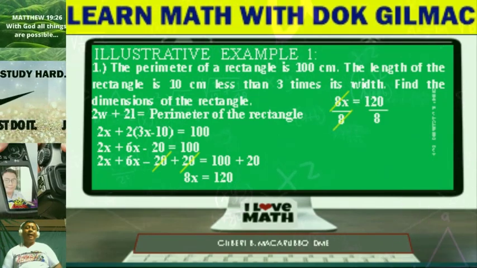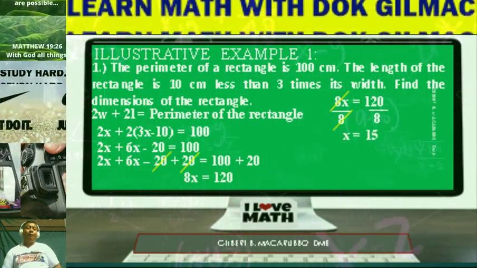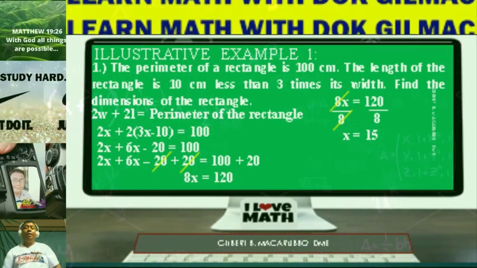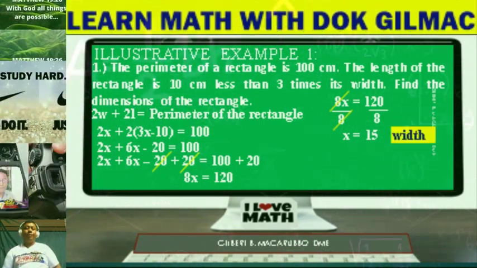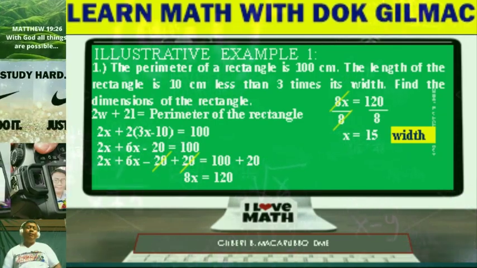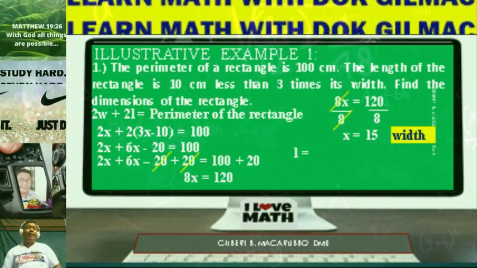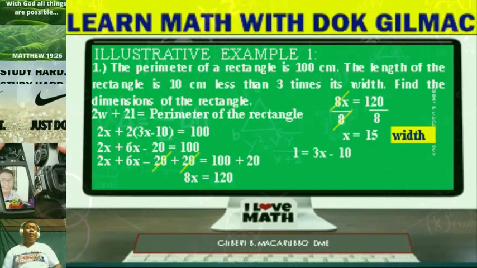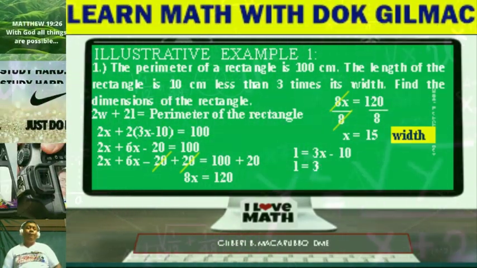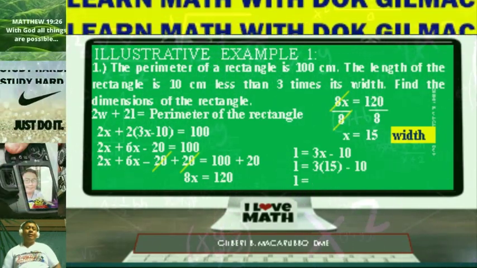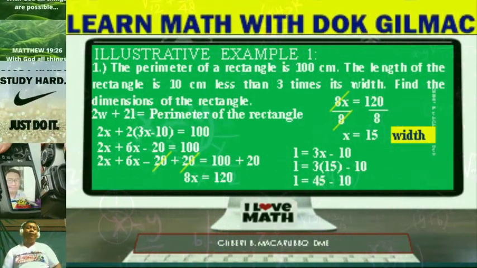So from here, x is just equal to 15. This is simply the measure of the width. Substituting the value x equals 15 in 3x minus 10 for the measure of the length, we have 3 times 15 minus 10 is just equal to 45 minus 10.